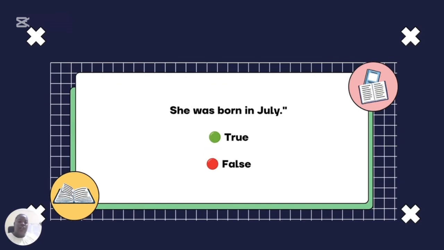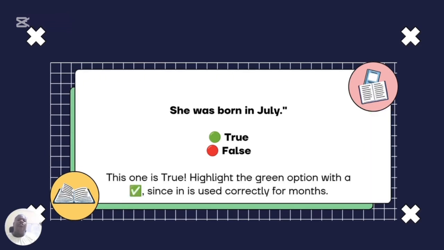And finally, the sentence: She was born in July. Is it true or false? Excellent, it is true.